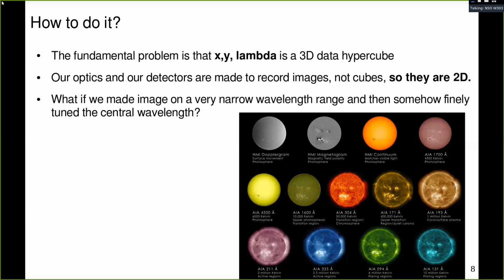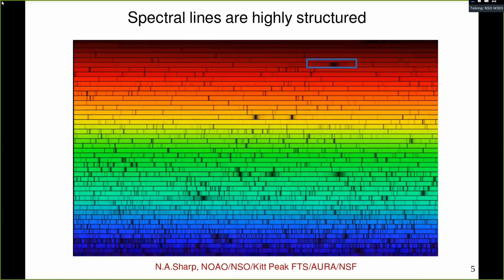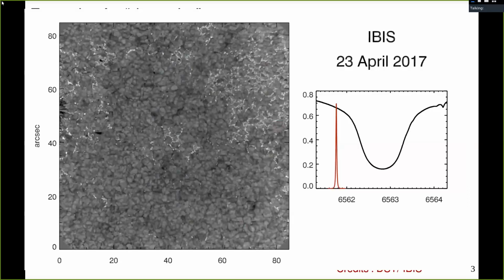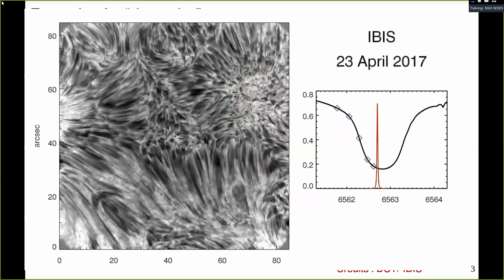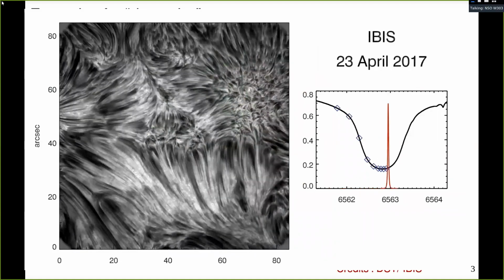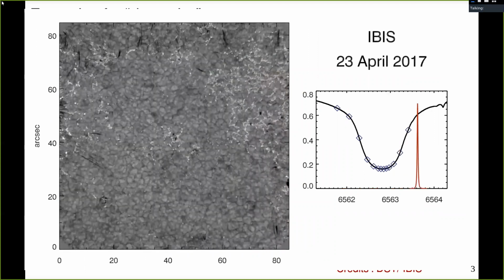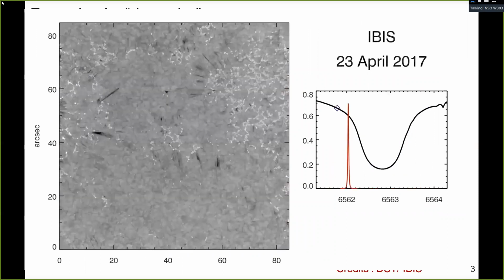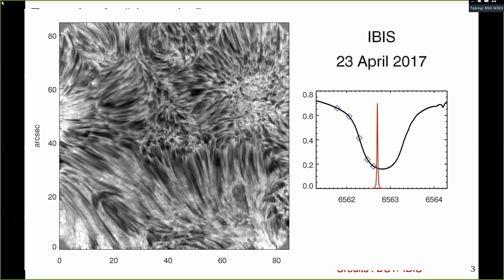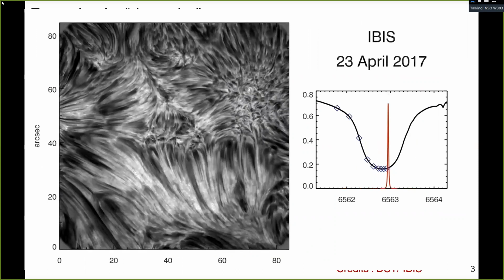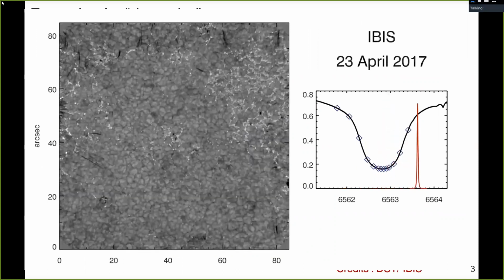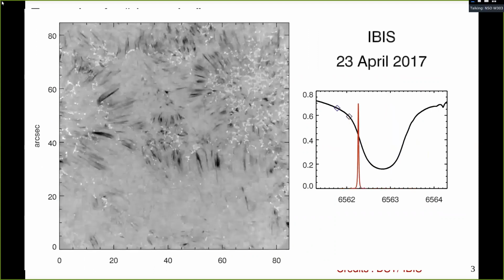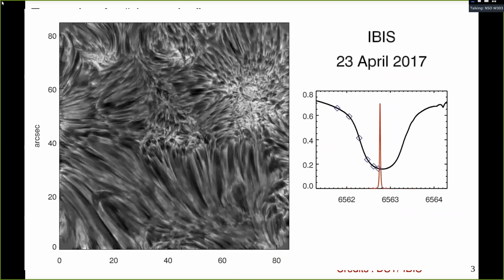Well, for example, when we look at our IBIS video before, we saw that, actually let's look at it again real quick. We saw that the wavelength here changes over a very small range, right? We have like, what is it, 1, 2, 3, 4, 5, 6, 7, 8, 9, 10, 13, 14, 15 points over the range of 2 angstroms, right?